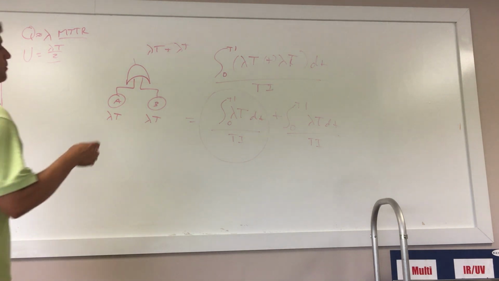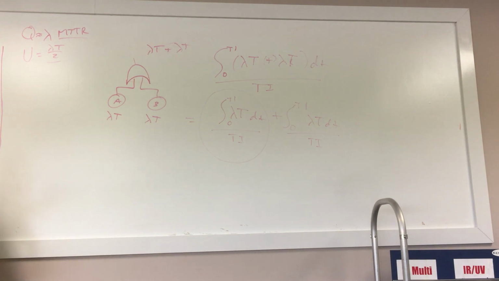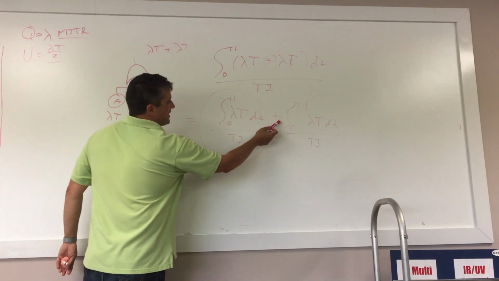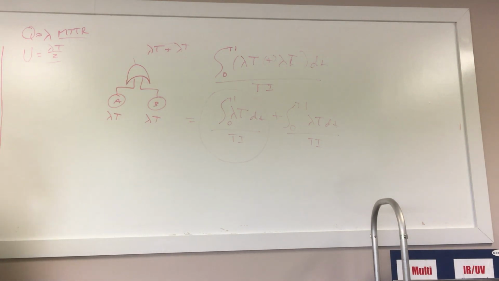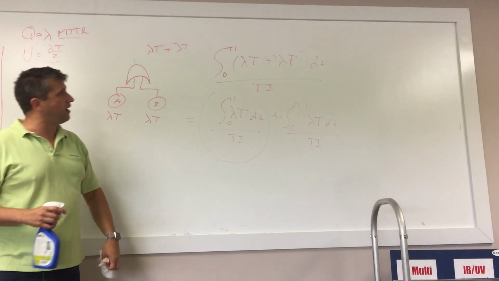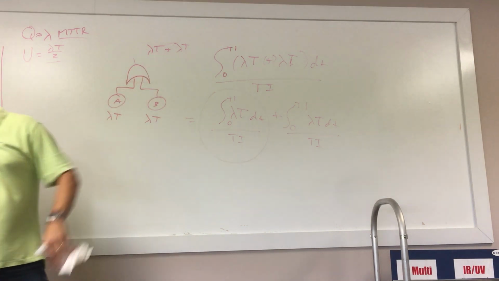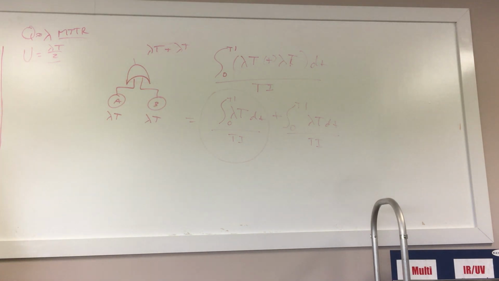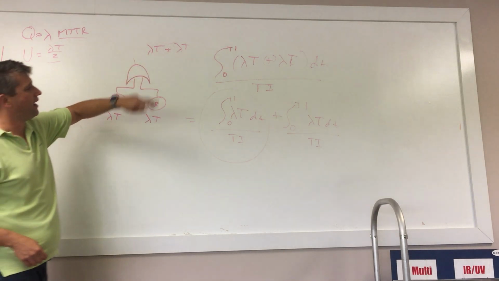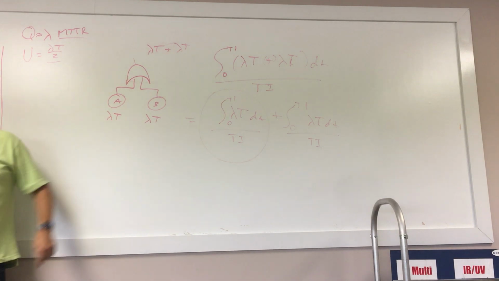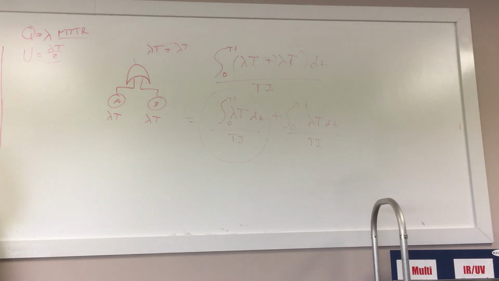So when you're doing your probability math, if you see an AND gate where you're doing probability addition, you don't need to worry about average after logic or average before logic. So that's why lambda t is going to be the answer that you want for 2 out of 2 voting.